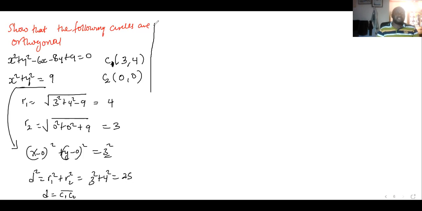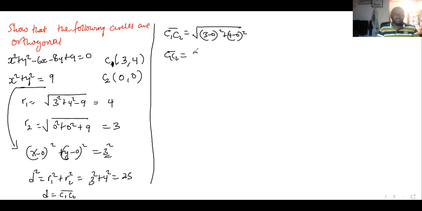So can we find C1C2? C1C2 is going to be the square root of (3 minus 0) squared plus (4 minus 0) squared, which is the square root of 25, which is our D. So when you square the D, you definitely get 25.